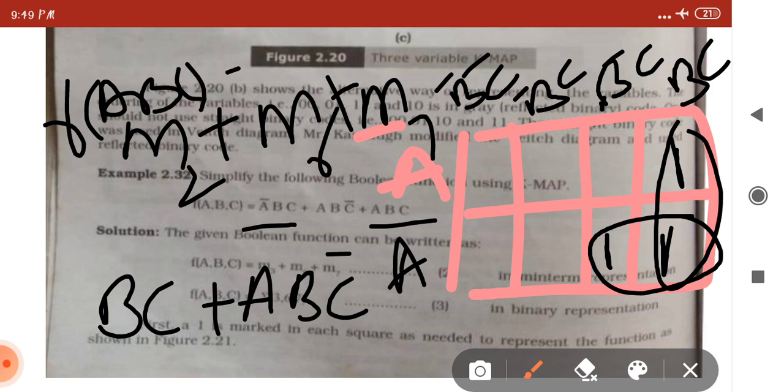M2 value is 3, M6 value is 7, sorry, M3, M6 and M7. 3, 6, 7.